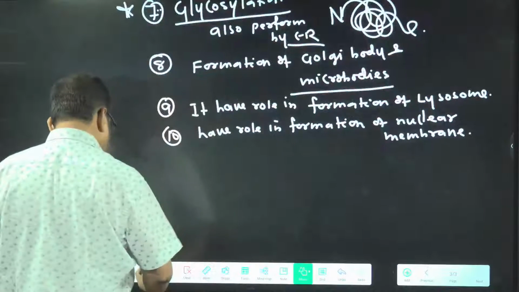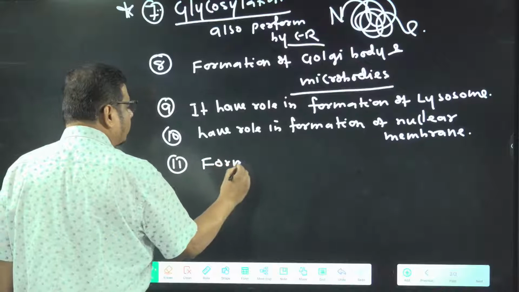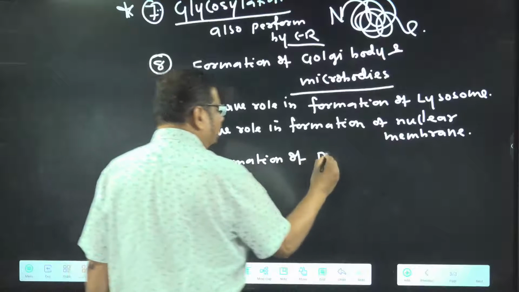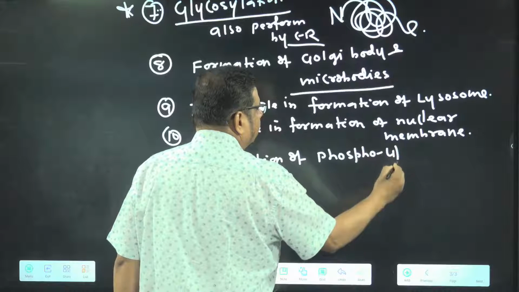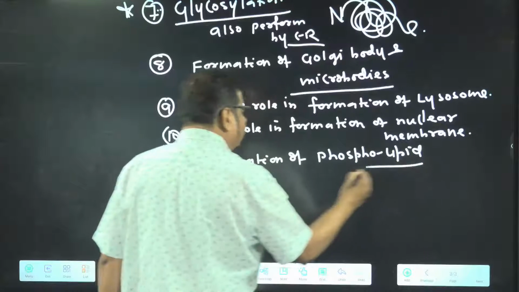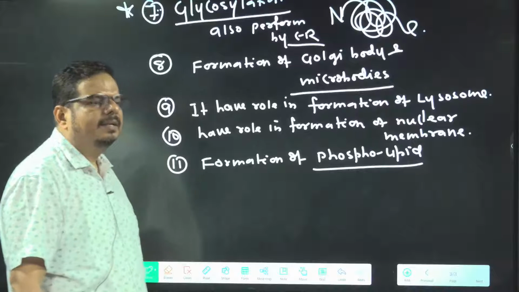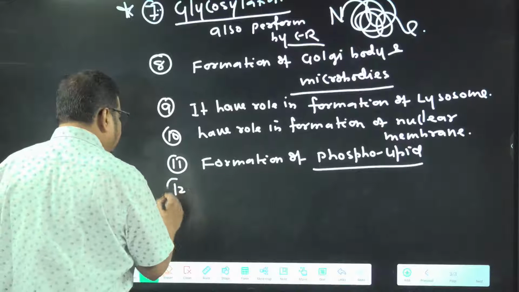Now I am writing another function. Formation of phospholipid. Phospholipid, ER is associated. Phospholipid formation occurs in which one? Endoplasmic reticulum.